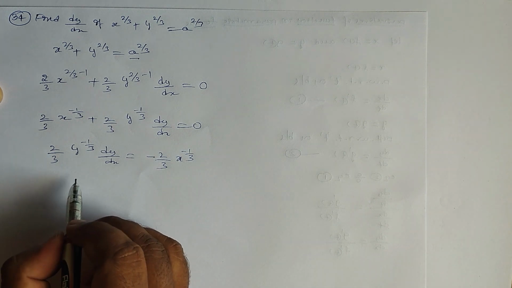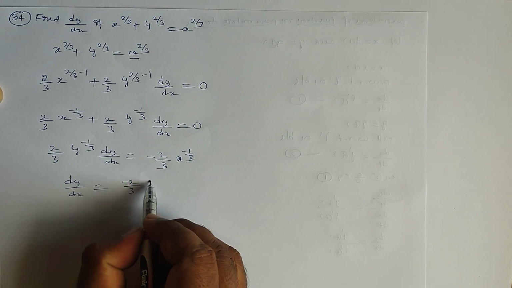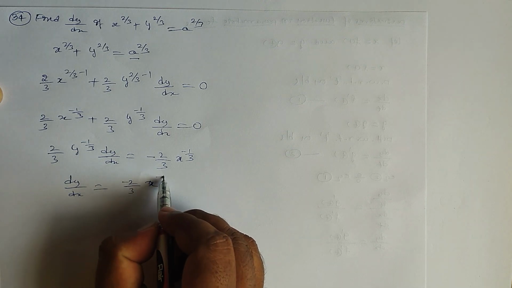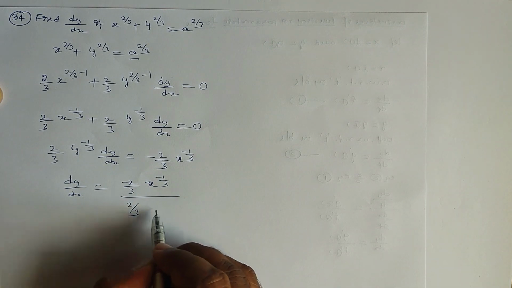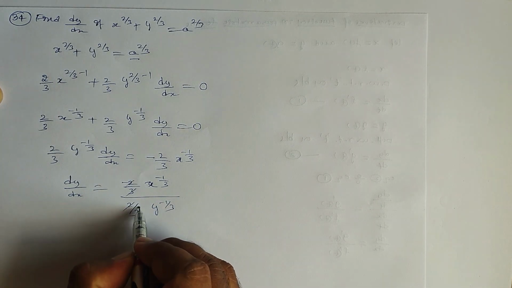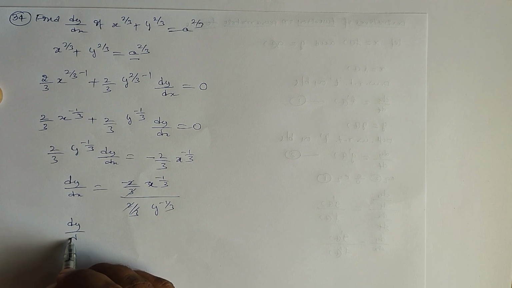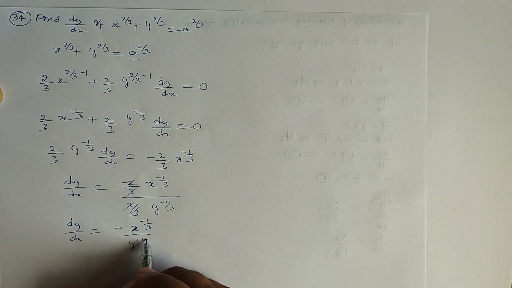Next, what is dy by dx? dy by dx is equal to minus 2 by 3 x raised to minus 1 by 3 and whole divided by 2 by 3 y raised to minus 1 by 3. So here 2 gets cancelled, 3 gets cancelled, and dy by dx is equal to minus x raised to minus 1 by 3 divided by y raised to minus 1 by 3.